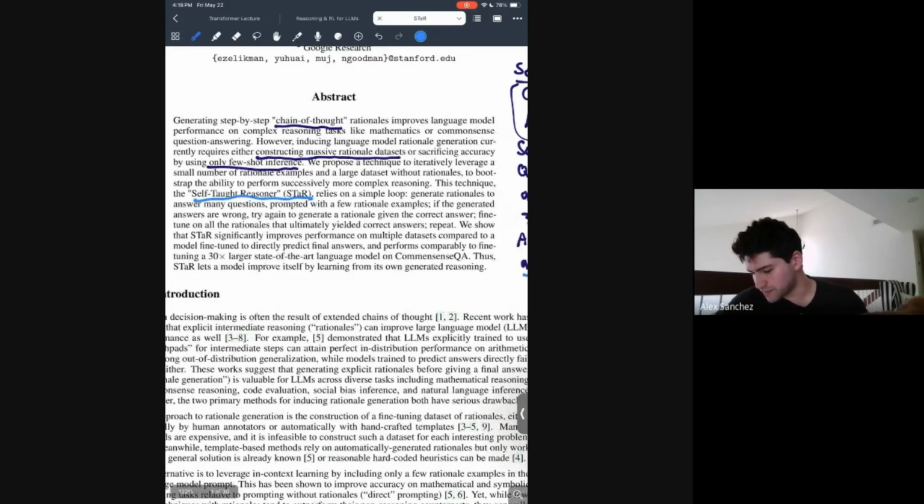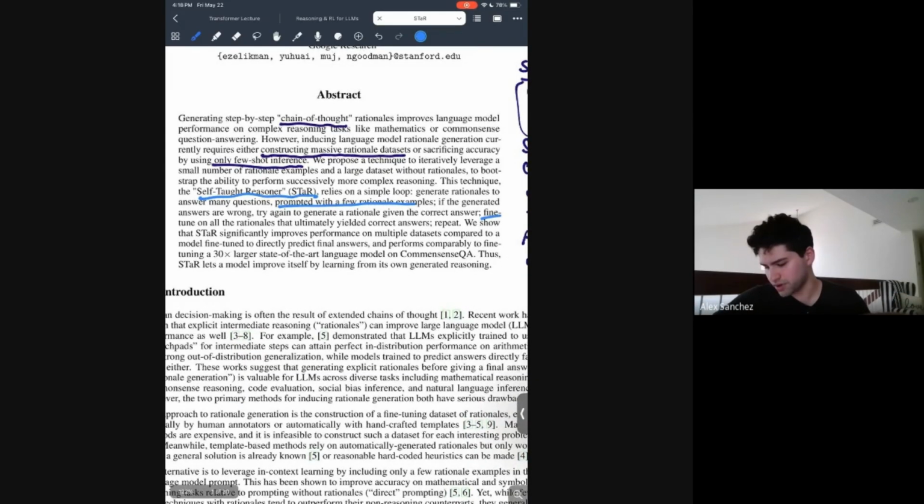And here we prompted with a few rationale examples. If the generated answers are wrong, they try to generate a rationale given the correct answer. I'm going to go more in depth on that. And then the final step, they just fine-tune on all the rationales that led to the correct answers in a new model, and then they repeat that little loop.